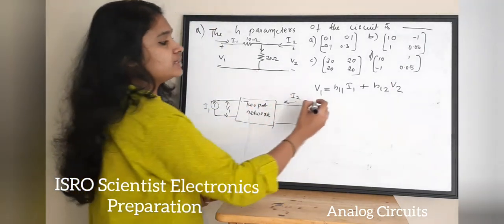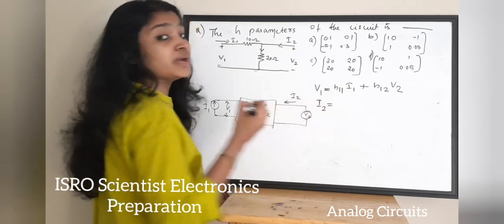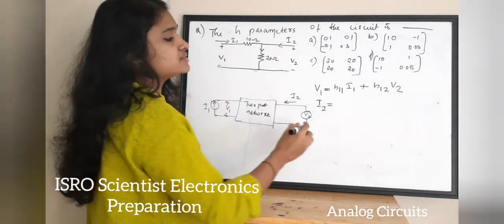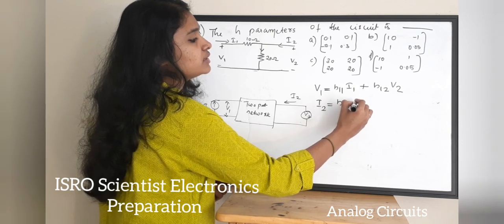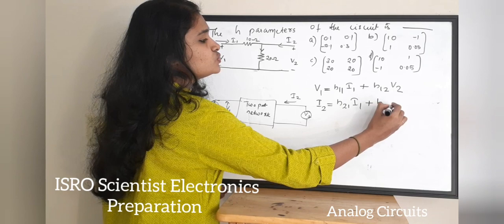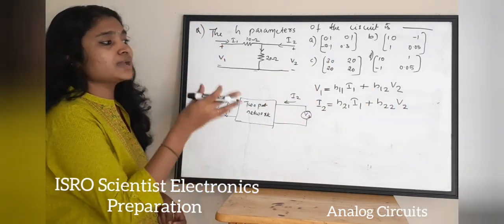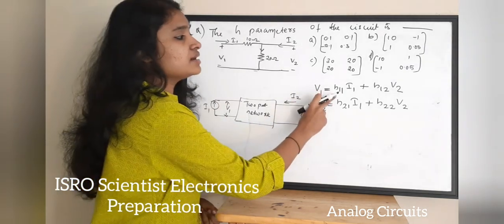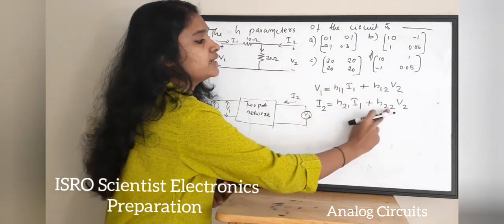Similarly, I2 is equal to H21 I1 plus H22 V2. So these are the two characteristic equations, and these are the hybrid parameters H11, H12, H21 and H22.